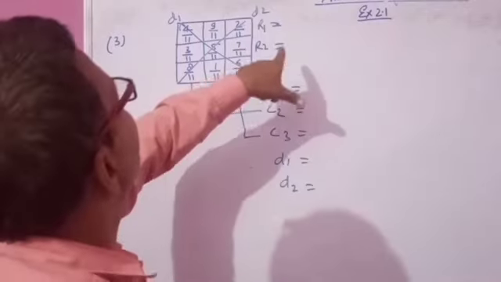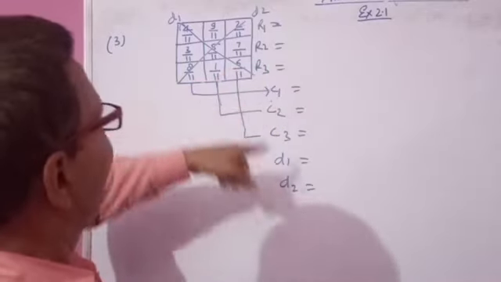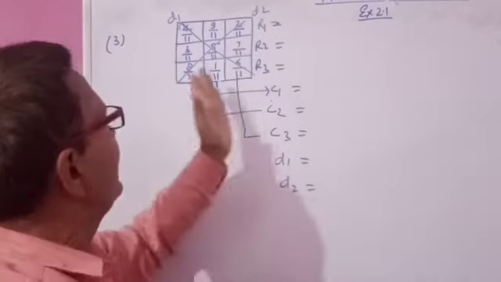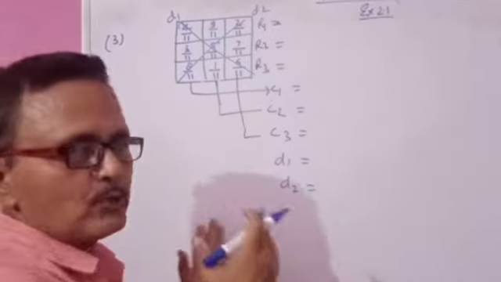If the sum of rows, columns and diagonals is the same, then this will be a magic square. You have to tell whether this is a magic square or not.